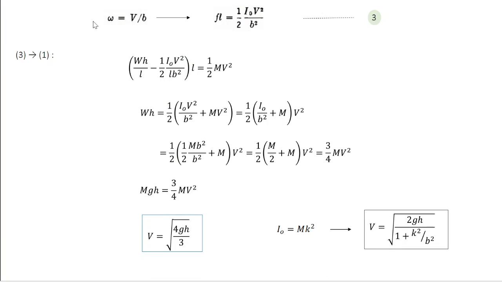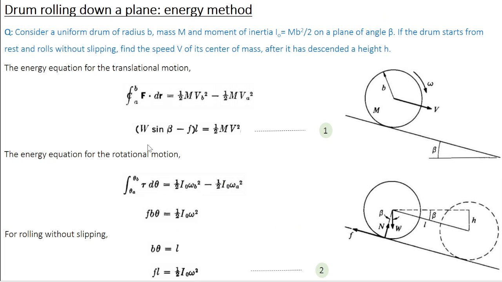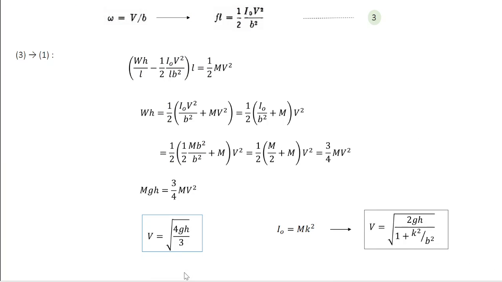Now we know the relation between linear velocity and angular velocity. Angular velocity omega equals linear velocity v divided by radius b. Okay. So from the previous equation, FL equals half I naught into v square by b square.